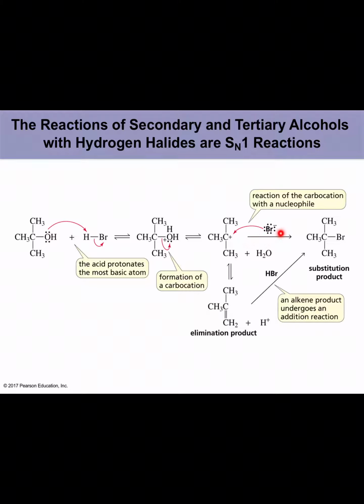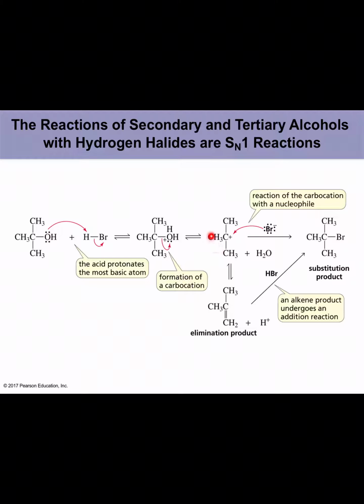the nucleophile bromide attacks the carbocation center, the reaction of the carbocation with a nucleophile. So the bromide forms the bond with the carbon, and then you can form the substitution product. Okay. An elimination product can also form once the carbocation forms.